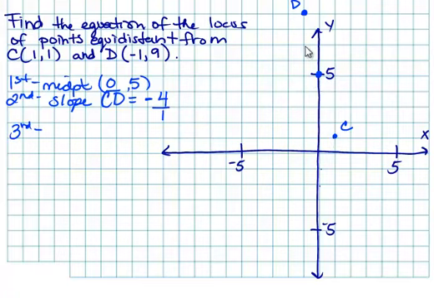So if I'm doing a perpendicular bisector, it's got to go from the midpoint and it's got to be a perpendicular slope, or a slope perpendicular. So if my original slope is negative 4 over 1, perpendicular is going to be positive, and that flips to 1/4.